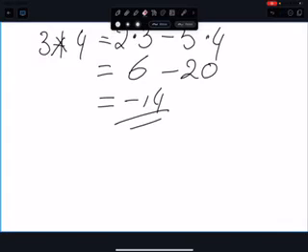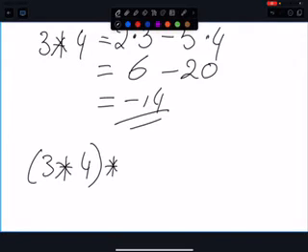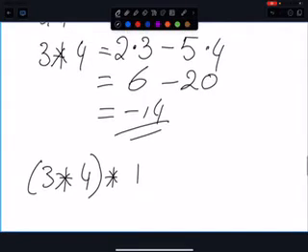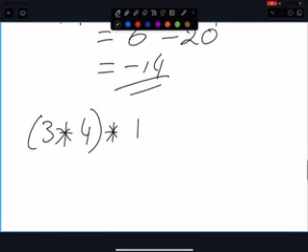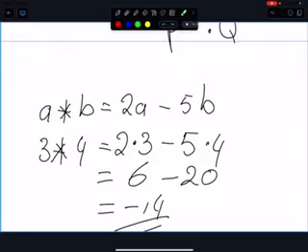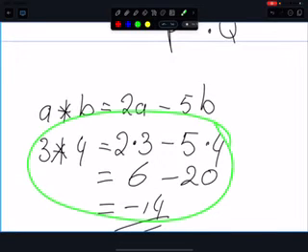The next one. 3 asterisk 4 asterisk 1. How do you go about this one? You have to do the same thing twice.